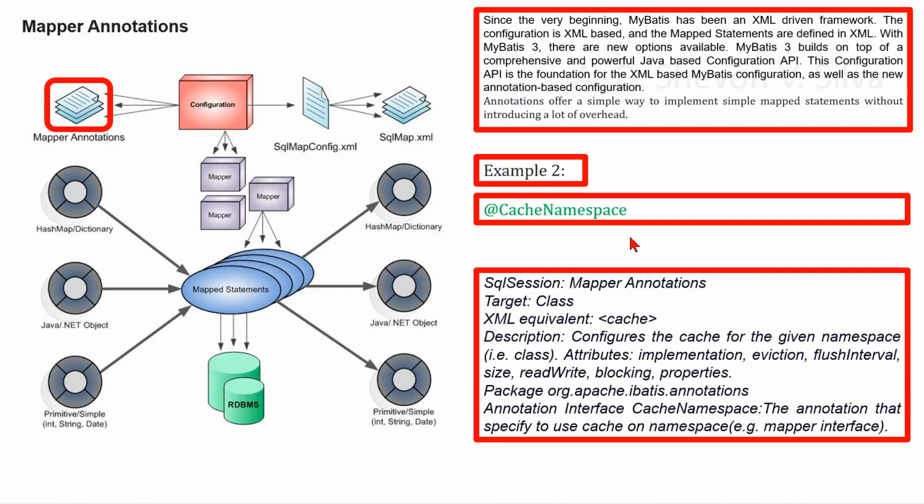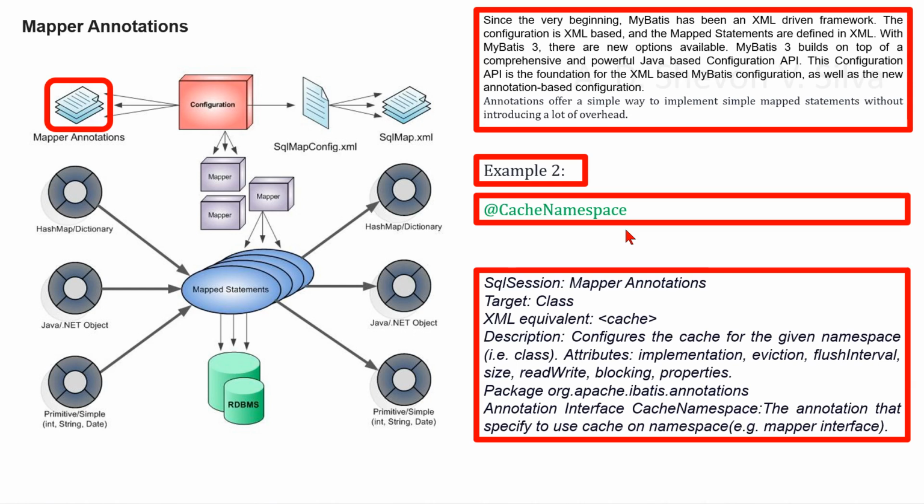Now we are considering mapper annotations in SQL session. Here the annotation interface cache namespace. This is the annotation that is specified to use caching on a namespace, for example a mapper interface.